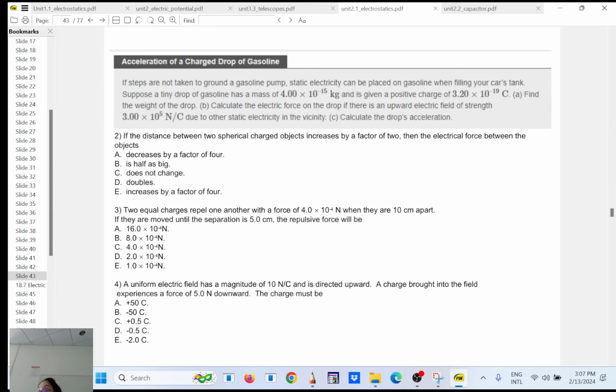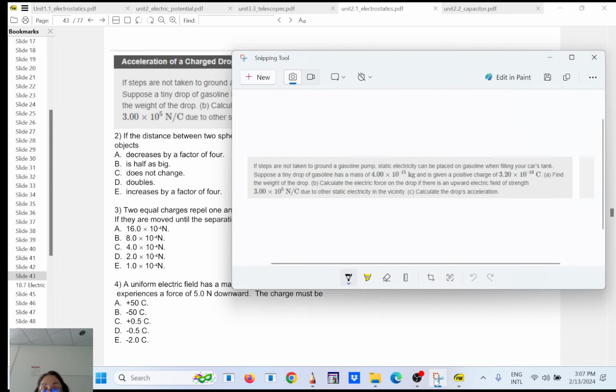For 1 coulomb, you have 10 Newton. So half of a coulomb, you're going to have 5 Newton. So the charge will be 0.5. Let's find out if it's positive or negative.